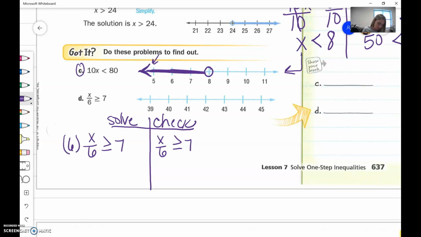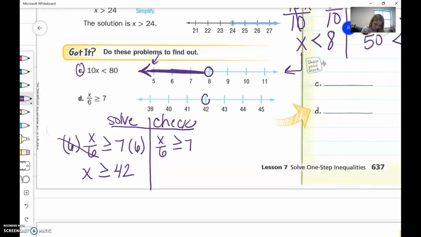So I'm going to multiply both sides by 6. When I'm dividing by 6 and multiplying by 6, I'm left with my variable of x is greater than or equal to, and then 7 times 6 is 42.